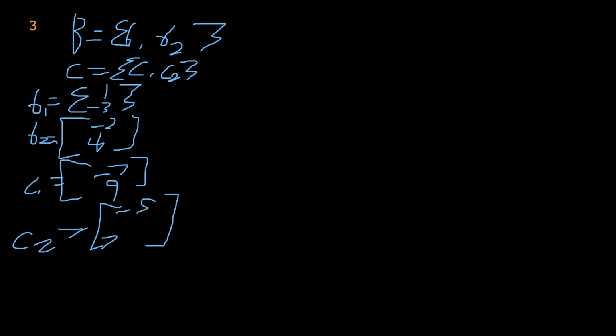So we're going to find the transformation matrix going from C to B for this example. We're going to write our notation here to get a good idea of what we're going to do. You can always start with the change of basis matrix to get a good idea of which go where. So you go from B to C, and that gives you a good idea where they're going to go.